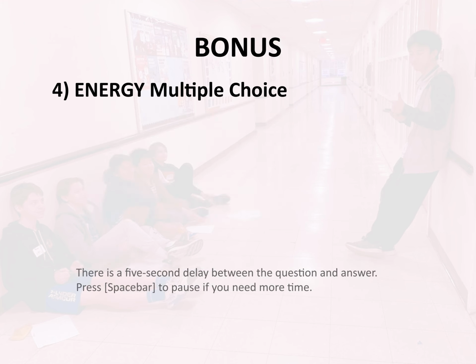Bonus 4. Energy. Multiple choice. Lithium thionyl chloride batteries have low current delivery but long lifespans. They are able to operate at a temperature range between -55°C and 150°C. Which of the following is least likely to be powered by a lithium thionyl chloride battery?